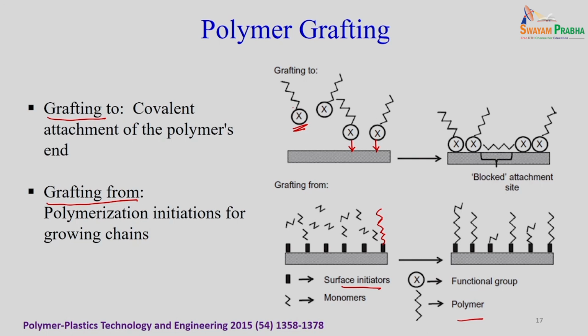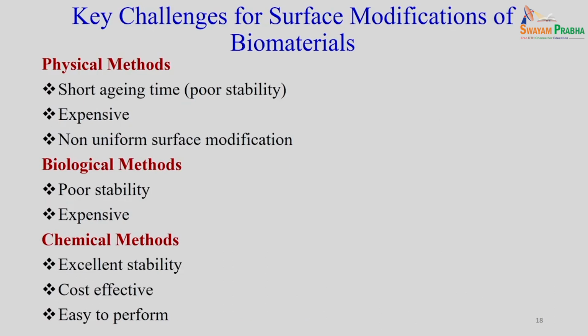So, here is the summary, or you can say the key challenges if you want to modify biomaterials. As I told, for physical methods, one concern is stability, and as we have to use instrumentation, the initial cost is of course very expensive.